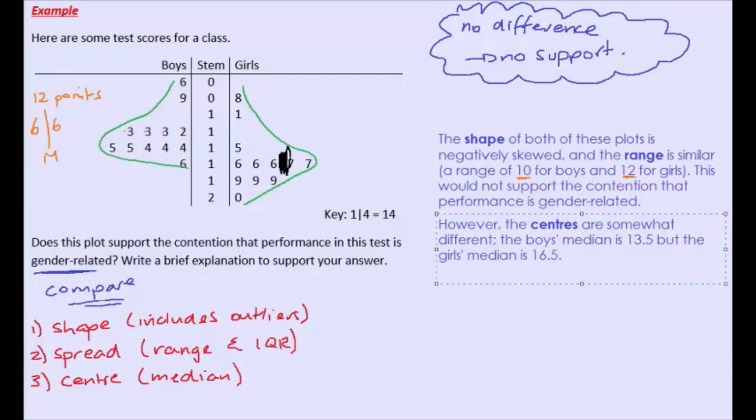And then I'll make a final statement to make sure I've answered the question. So something along the lines of, because this is a significant difference, the contention is supported, or something along those lines. Hang on, let me just get this down.